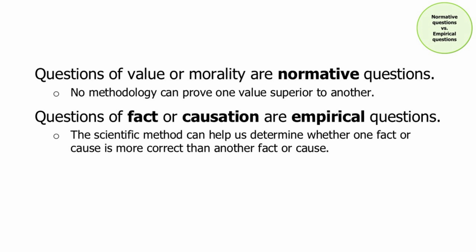However, the scientific method can help us determine whether one factor cause is more correct than another factor cause. So that's the province that we're dealing with in this book, the province of empirical questions, fact, and the relationship between facts or causation. And we are in the province then of the scientific method.